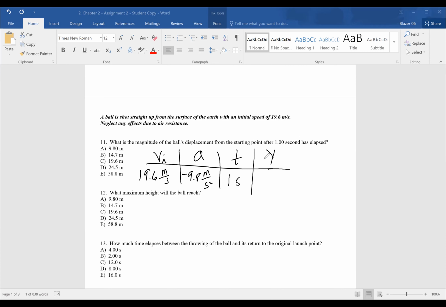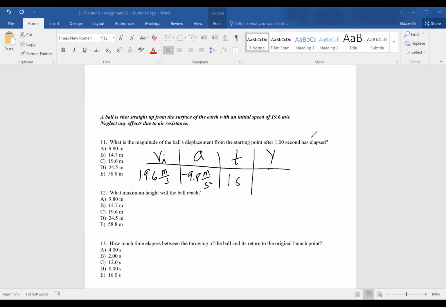Again, v final is not given, but do not be tempted to put v final as 0 in this case, because it didn't say that it had reached its maximum height. It just says, what's the displacement from the starting point after 1 second has elapsed?